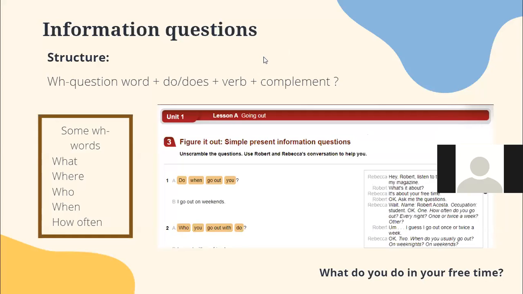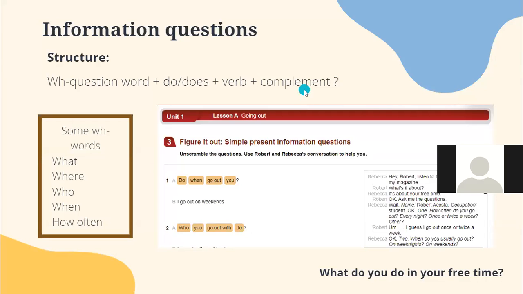The structure for information questions is WH question word, do or does, plus subject, plus verb, plus complement. Remember, we are checking out information for the simple present.